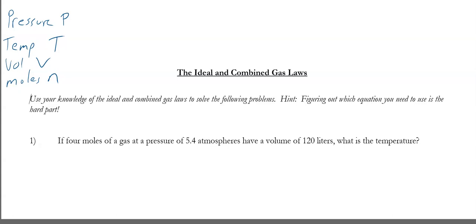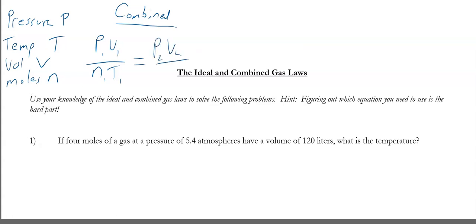So the combined gas law, remember, is P1 V1 over N1 T1, where the subscripts are just saying the initial conditions of the gas, or one set of conditions, is equal to P2 V2 over N2 T2.